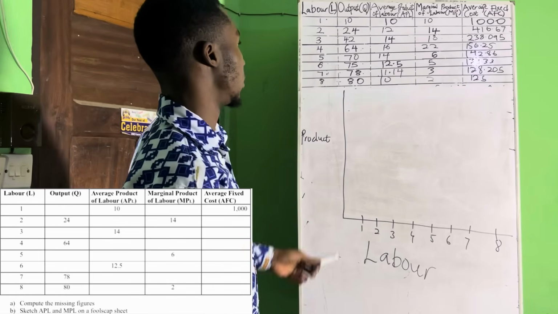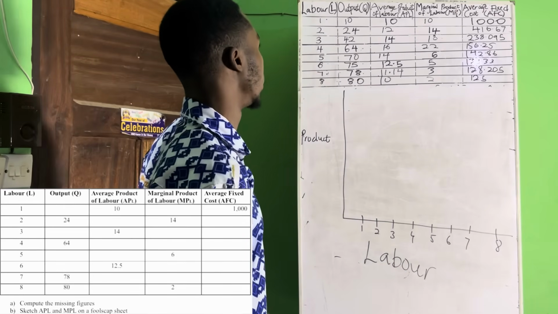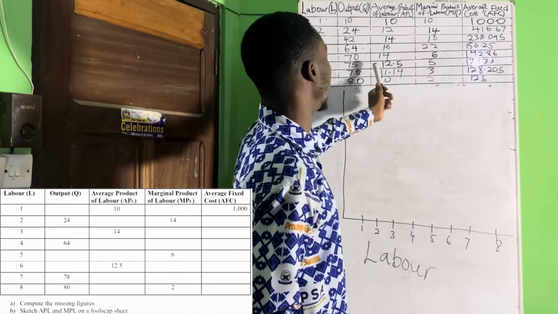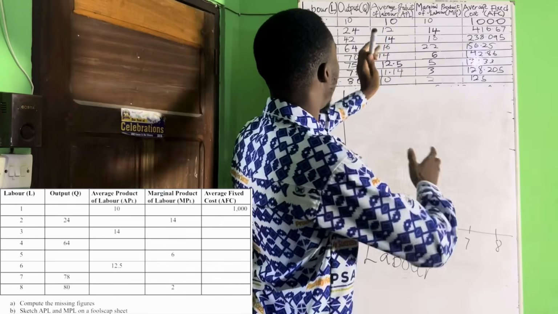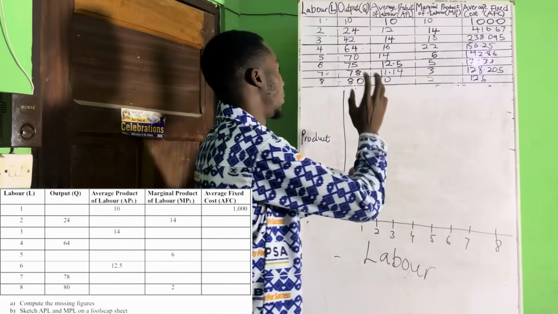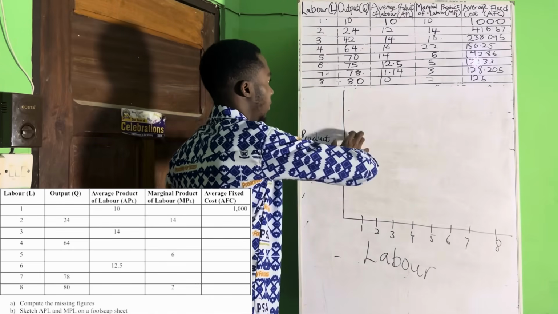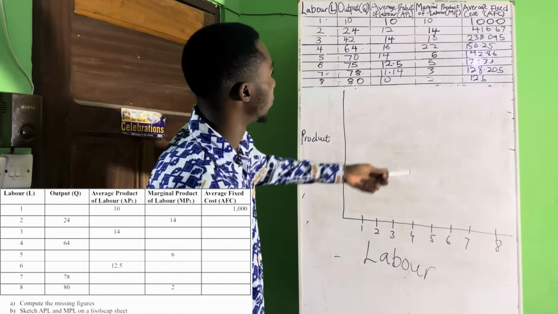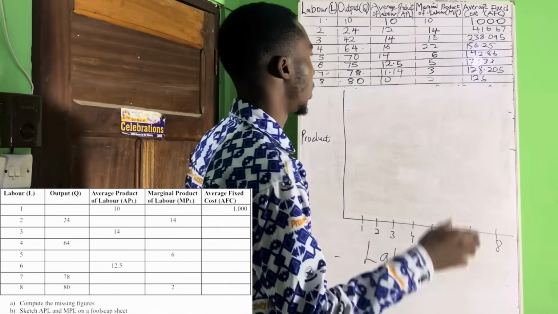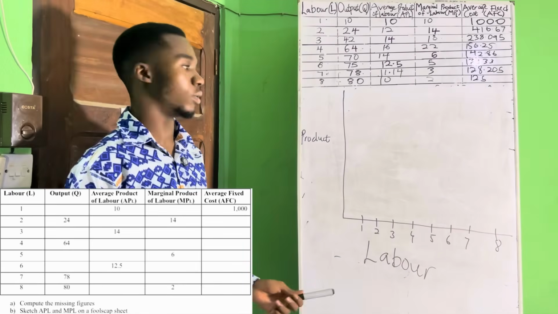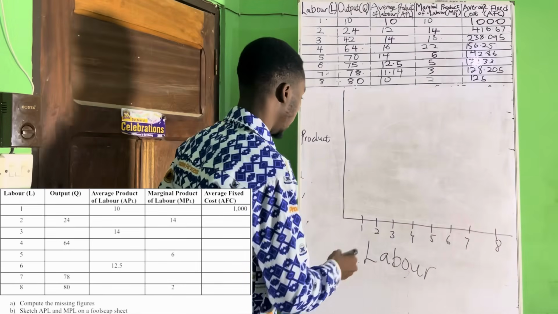Then for marginal product of labor, we can choose any scale we want. We have 10, 11.4, 12.5. The lowest we have is 2. It's both average product of labor and marginal product of labor, so you're going to draw all on the same line. The highest we have is 22. So you can do it 2, 4, 6, 8, 10, 12, and all that.